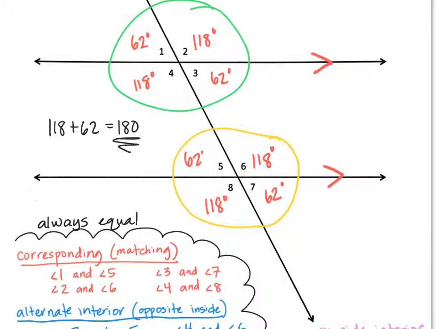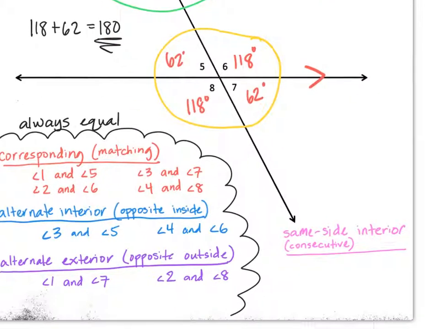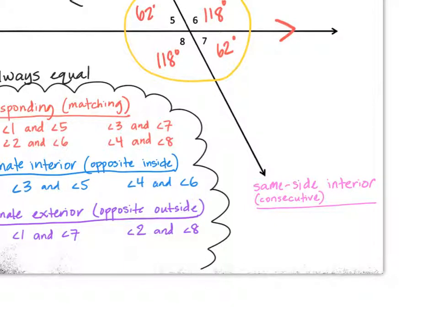That means that if I were to add 62 plus 118 anywhere in this picture, they'll add up to 180. So we have angle 4 and angle 5. Those are consecutive interior angles.